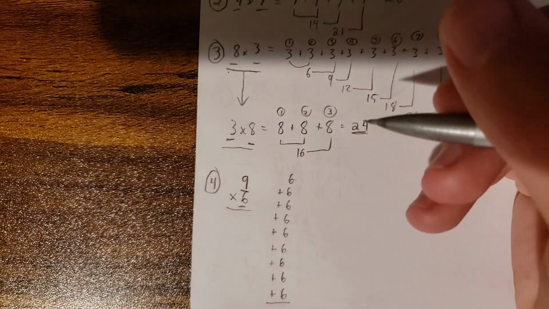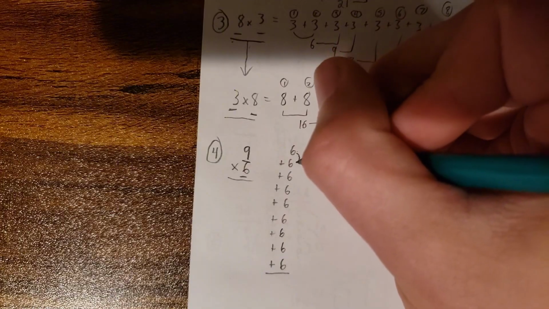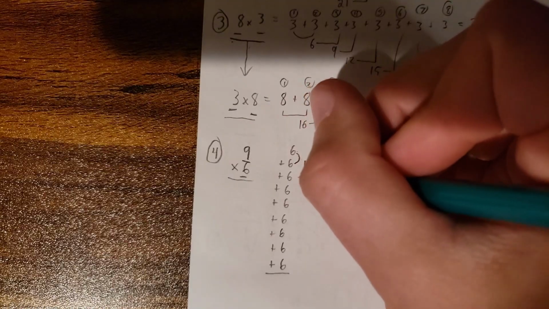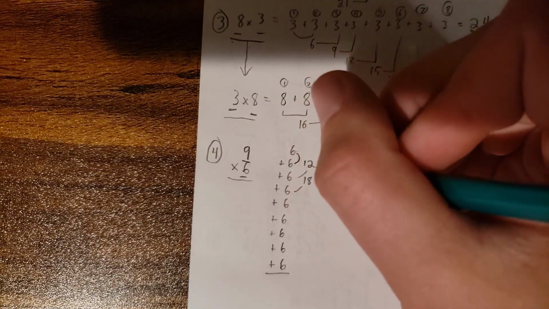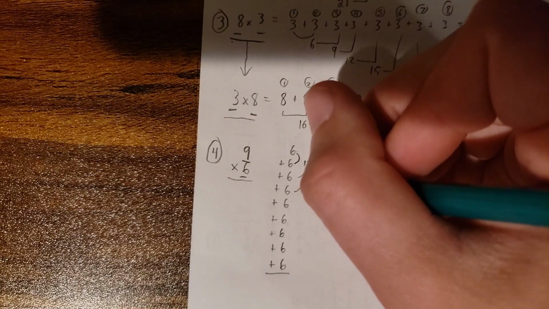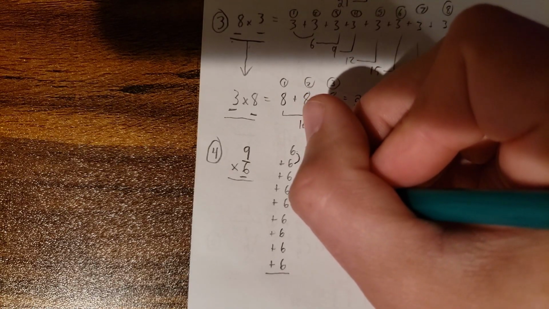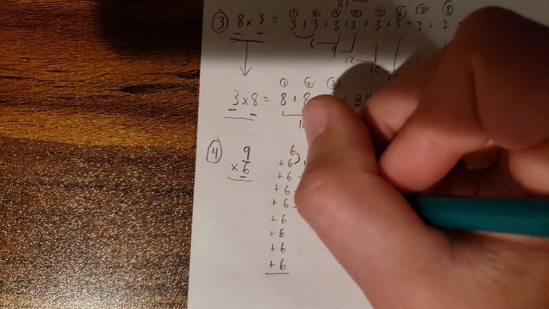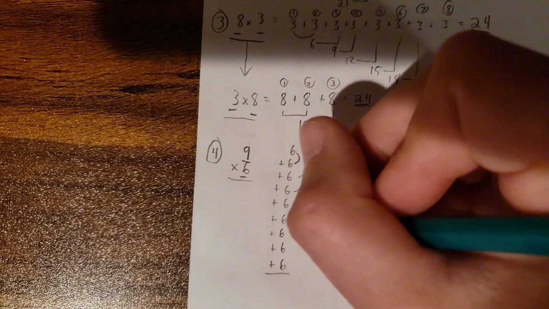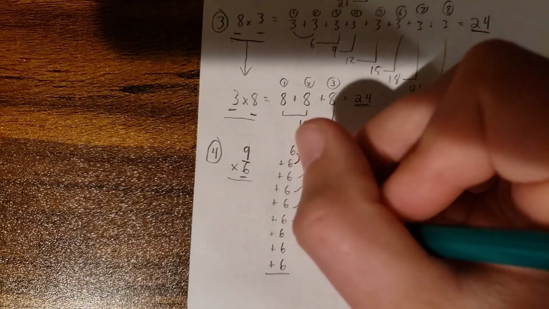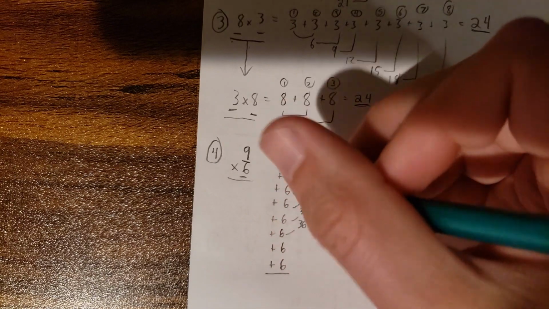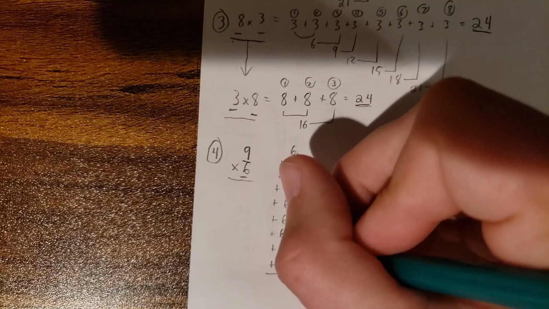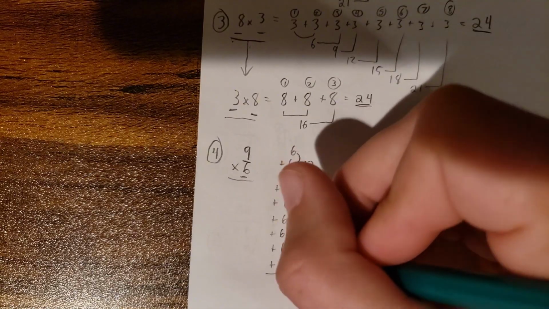Alright, now to do the addition. 6 plus 6 is 12. 12 plus 6 is 18. 18 plus 6 is 24. 24 plus 6 is 30. 30 plus 6 is 36. 36 plus 6 is 42. 42 plus 6 is 48.